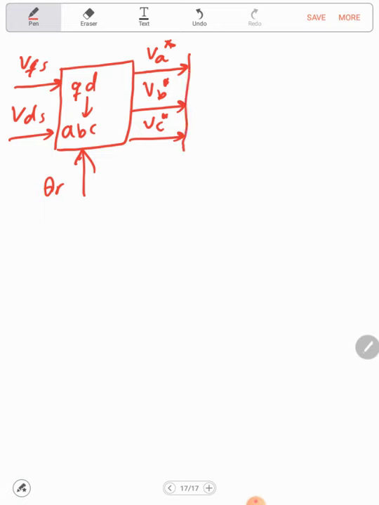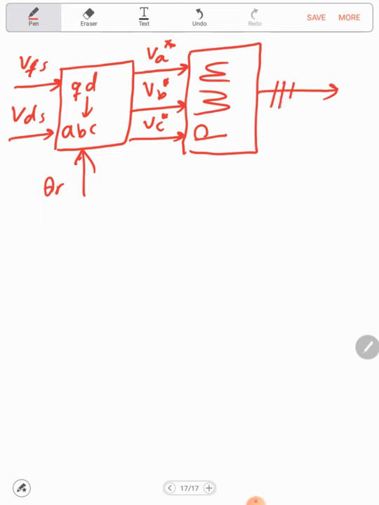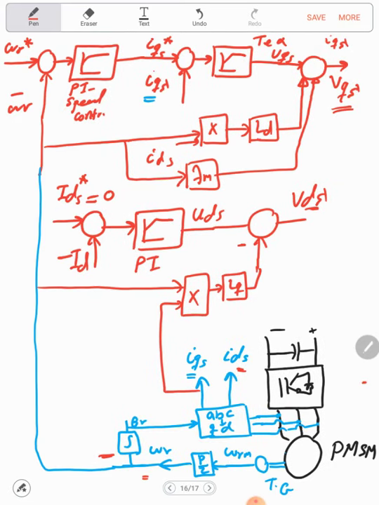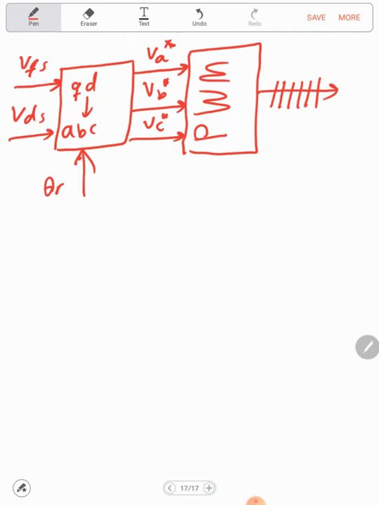Those will go to the pulse width modulation in order to generate the gate pulses for the inverter. So here we'll have the gate pulses for the inverter, and simply this is the block diagram for the vector control of the permanent magnet synchronous machine.